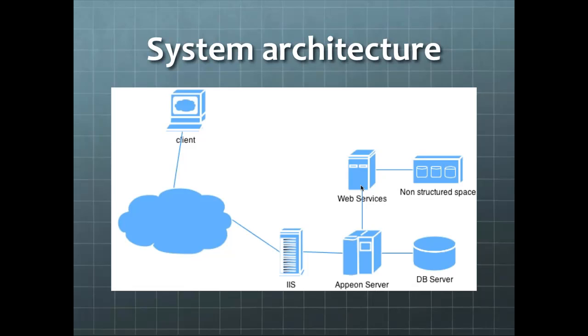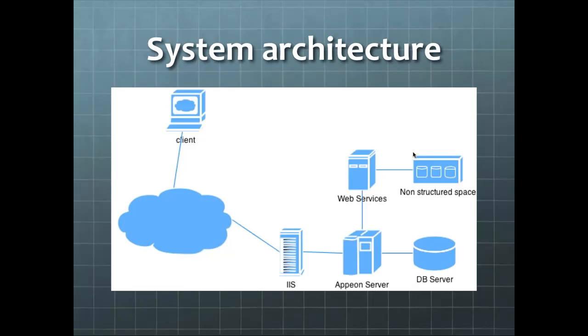And for this, the Appian server calls the proper web server with a load balancing algorithm, so that basically the web server executes on the best machine using all CPU power and connecting, of course, to the database for doing all retrieval, and also connects to a non-structured space.